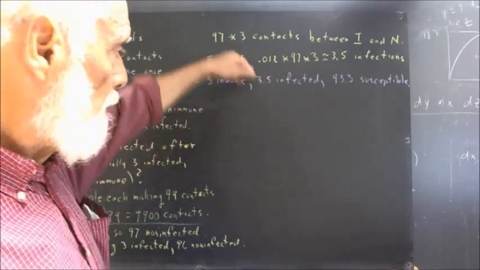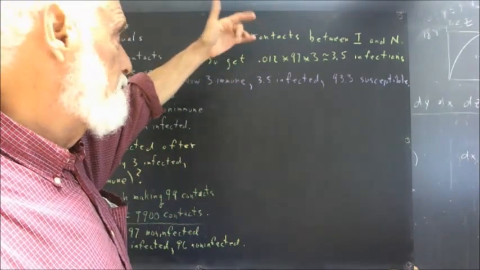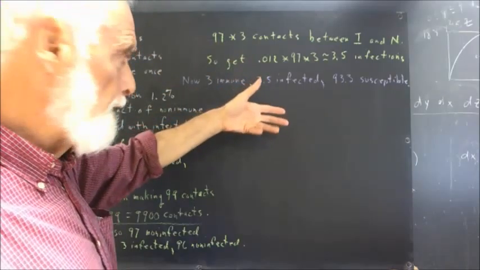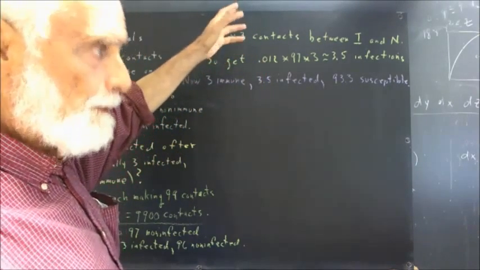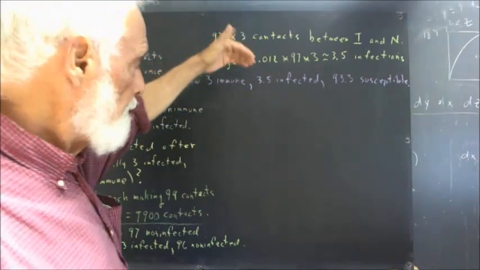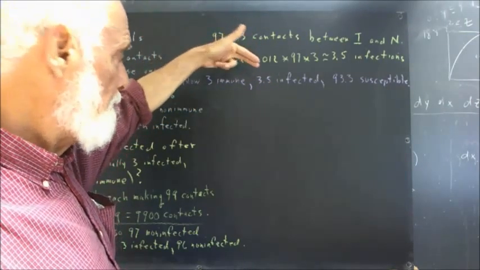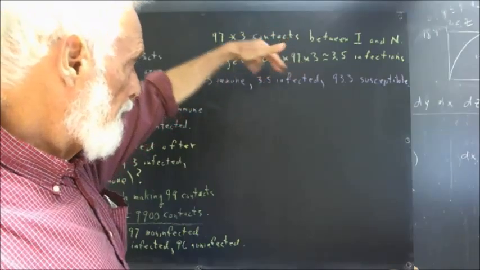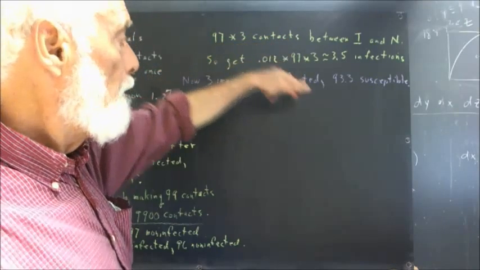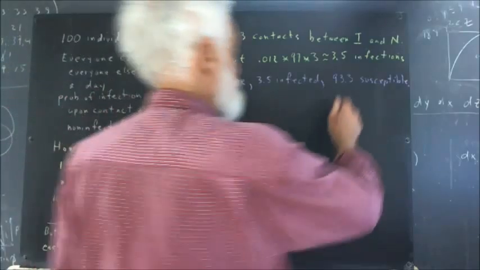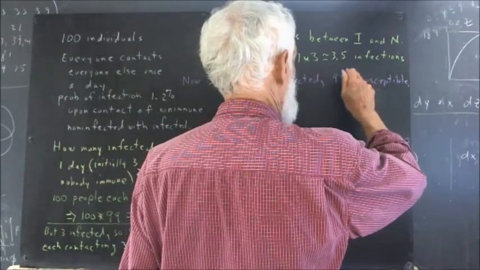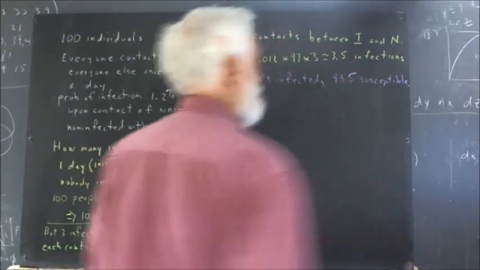That really means our probability is that we have 3 or 4 people infected, maybe fewer, maybe more, but the most probable mean number of infected would be 3.5, which would leave us 93.5, not 93.3. I can kind of change that 3 to 5. You can get away with that.